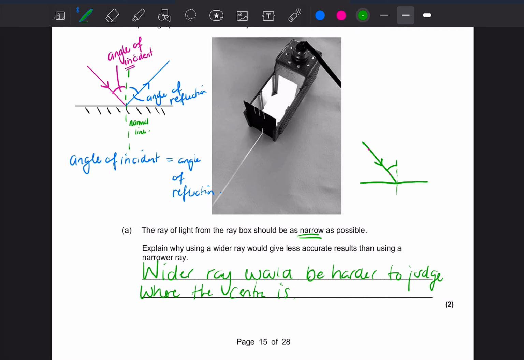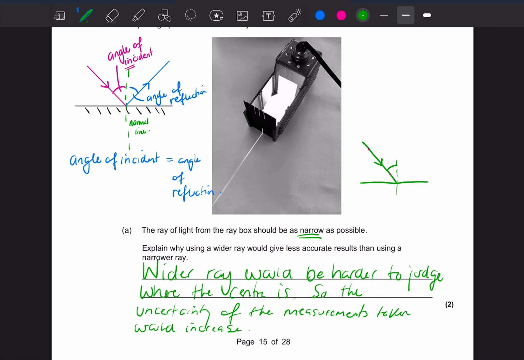But the wide ray would be harder to judge where the center is. So the uncertainty of the measurements taken would increase.